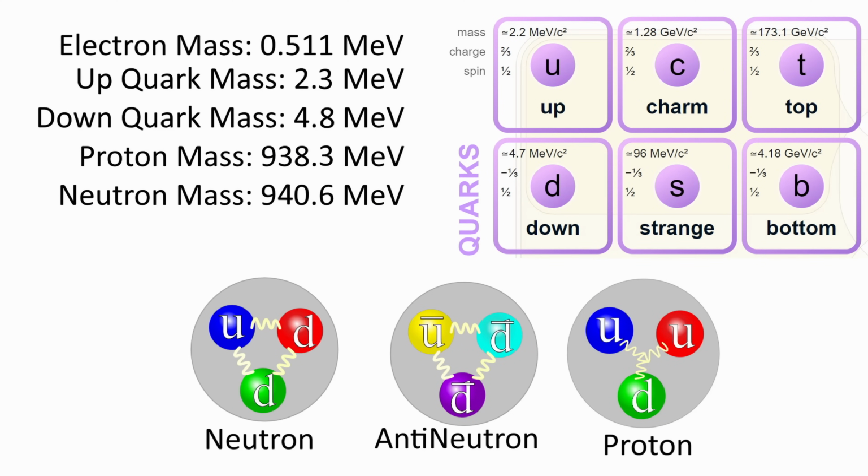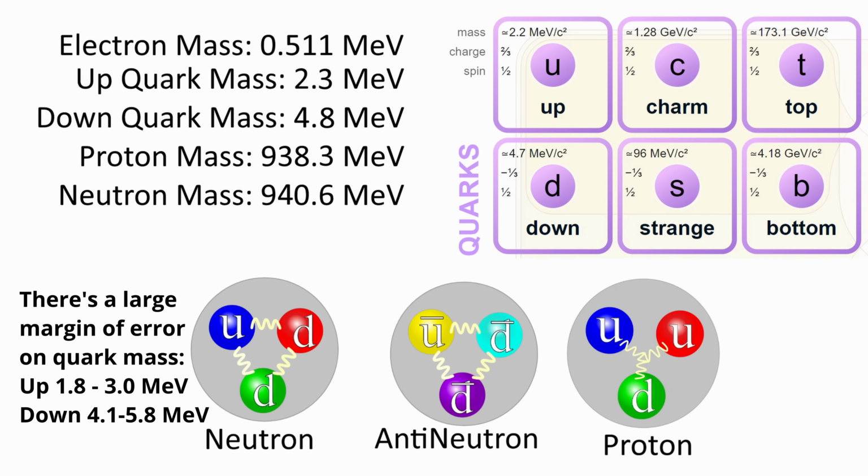We generally measure a particle mass in a unit called the mega electron volt, or MeV for short, as opposed to kilograms or pounds. But an electron mass is about half a MeV, whereas an up quark measures about 2.3 MeV and a down quark about 4.8 MeV, about 5 and 10 times more massive than an electron respectively.